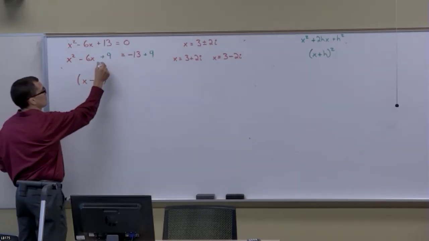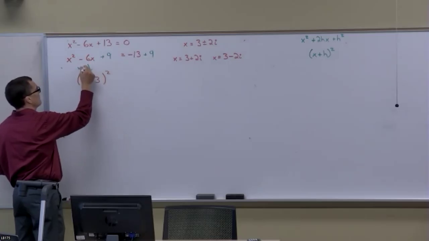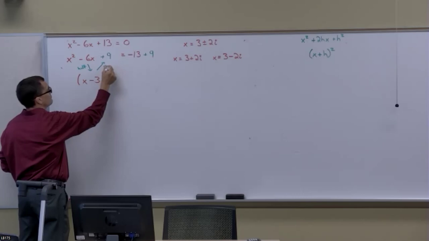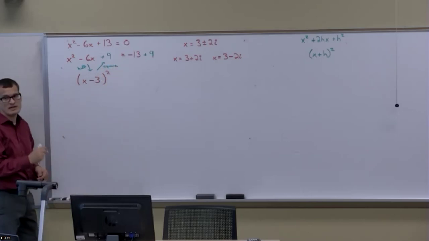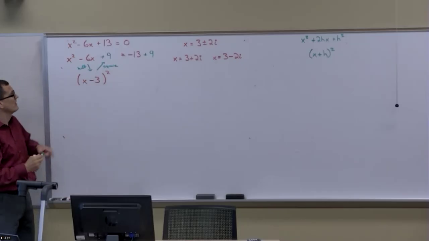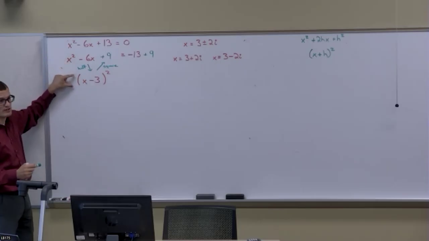This is why it's called completing the square. You take half of that number and then you square it. Then you add that square to both sides. Completing the square means I've made my left-hand side equal to a perfect square.